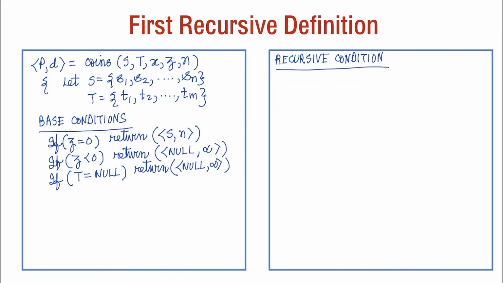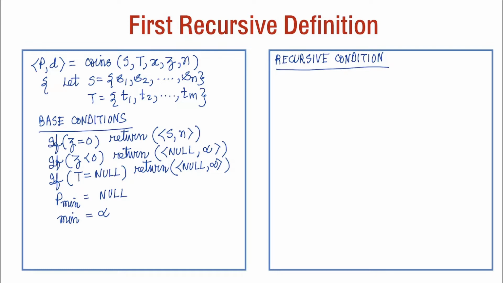But prior to writing our recursive condition, we will also initialize p min, that is the final minimum, to null, and the number of coins to be chosen to be infinity. That is whatever the value will return.